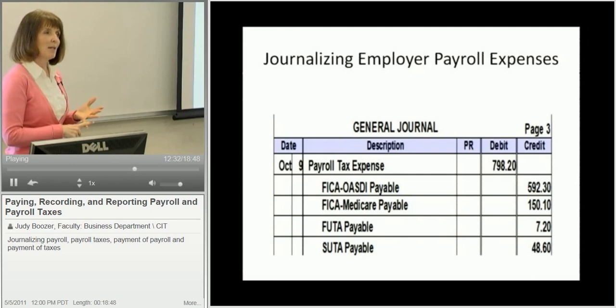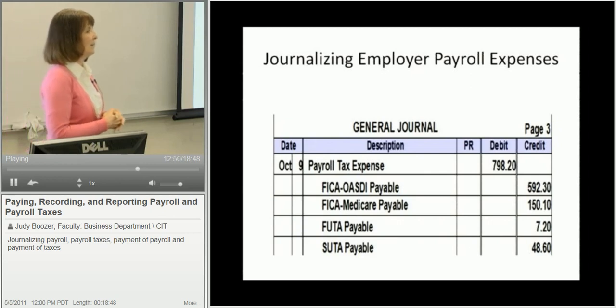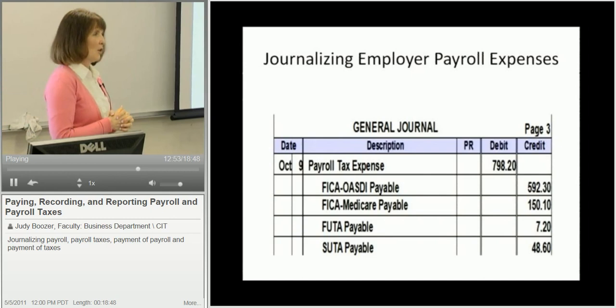Payroll tax expense debited for the total of all the payables shown. The FICA OASDI, the FICA Medicare, the FUTA payable, and the SUTA payable. So this is obviously all the employees combined.